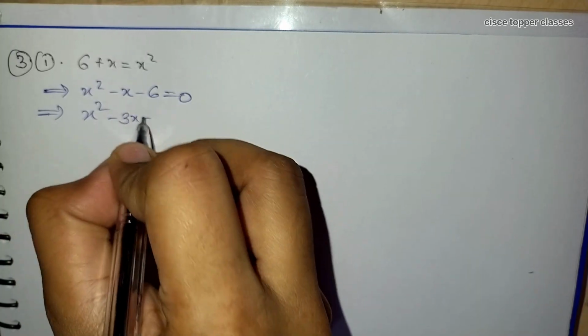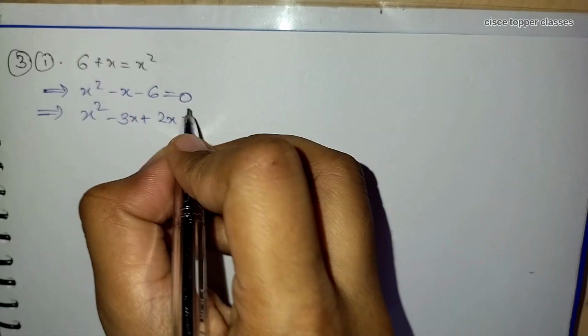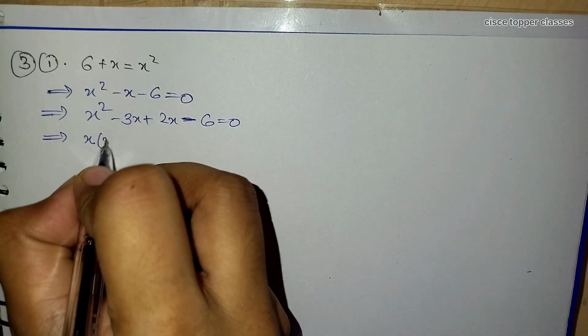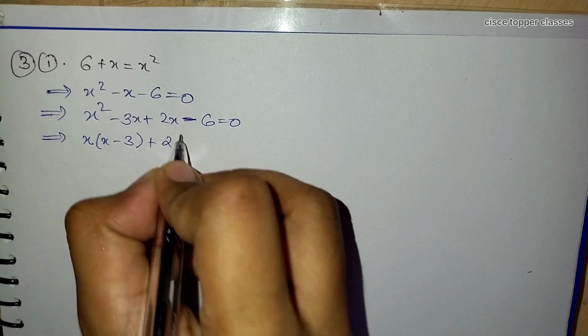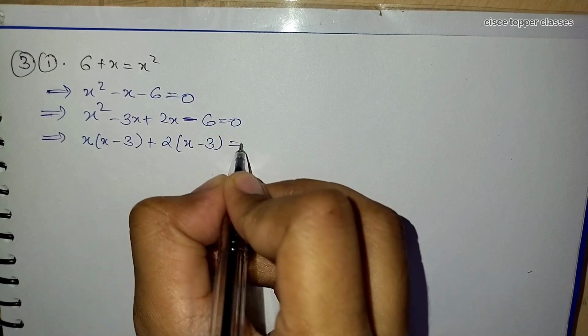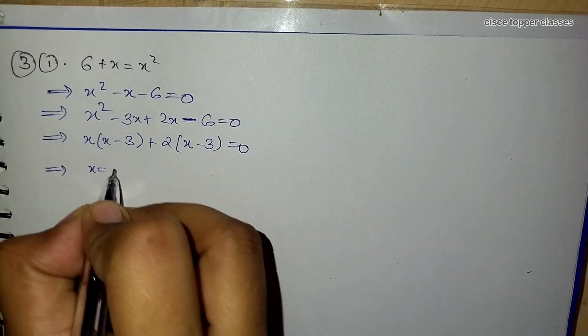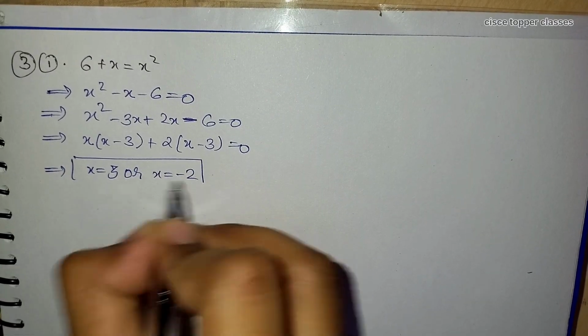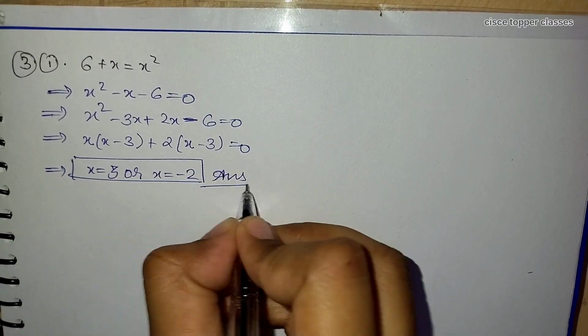So minus 3x plus 2x is minus x, giving x into x minus 3 plus 2 into x minus 3, and x is equal to 3 or x is equal to minus 2 is the final answer in this question.